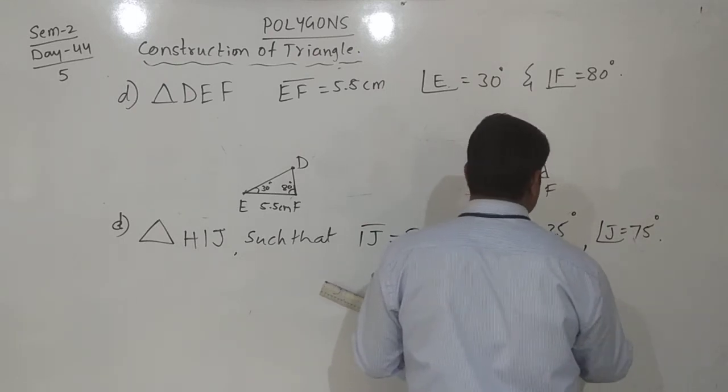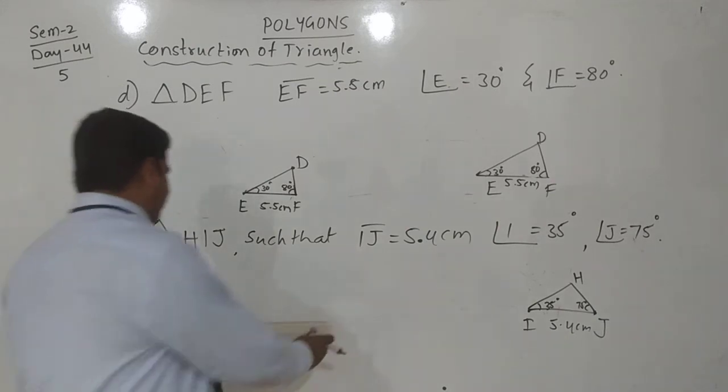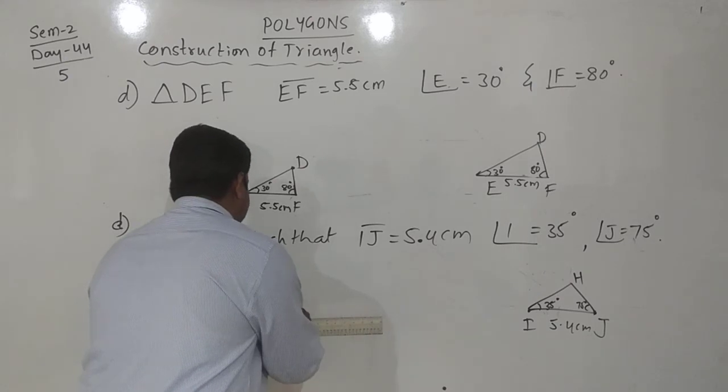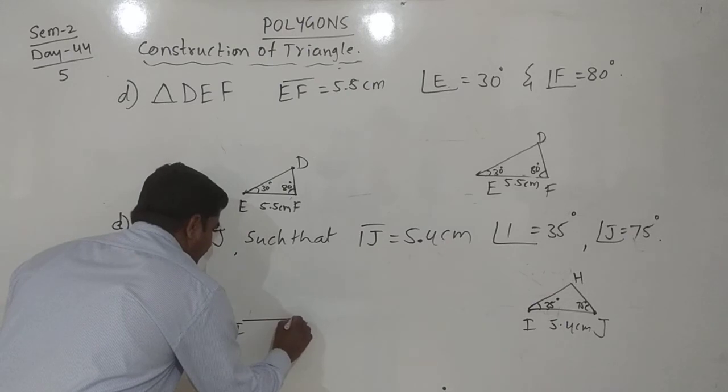H, this is 75, this is 35. This is the figure. Now take 5.4 centimeter, this is I, J.